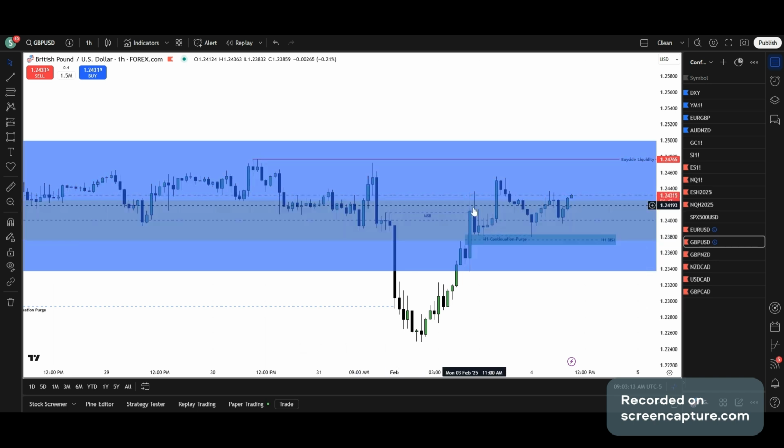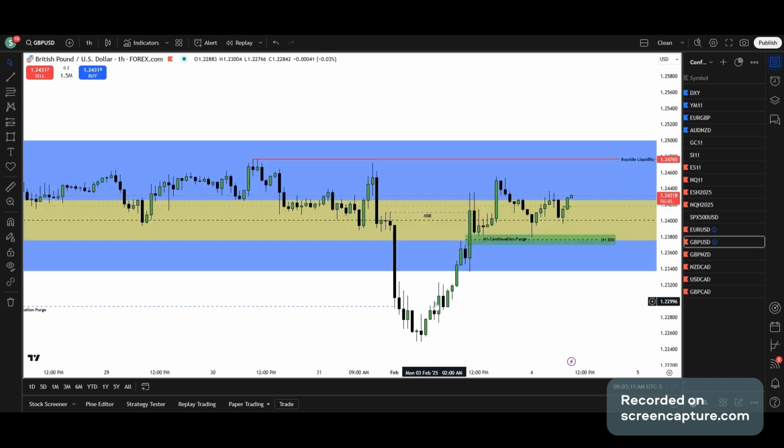So this is our first market structure shift right here at this high. Then we get a market structure break. First stage distribution is this price run right here. Continuation purge. And now our second stage distribution is this price run right here.